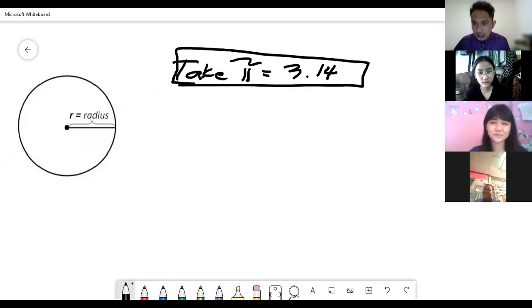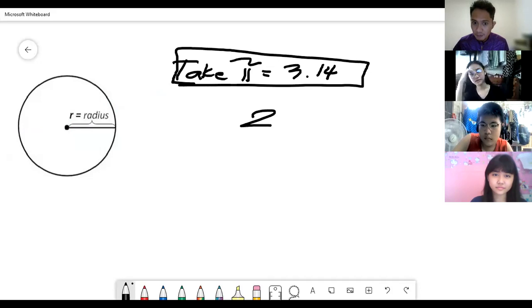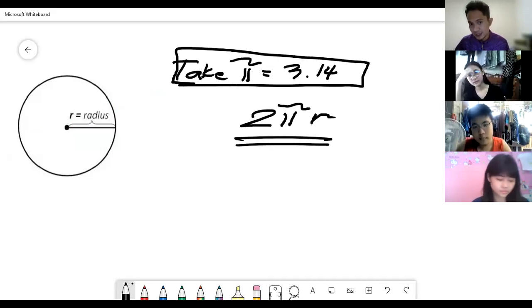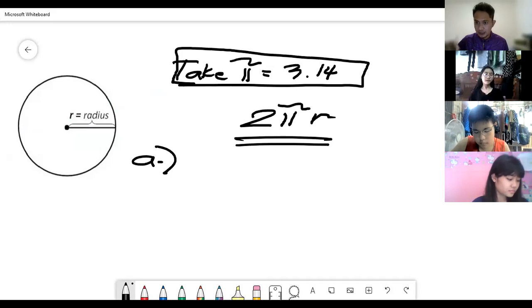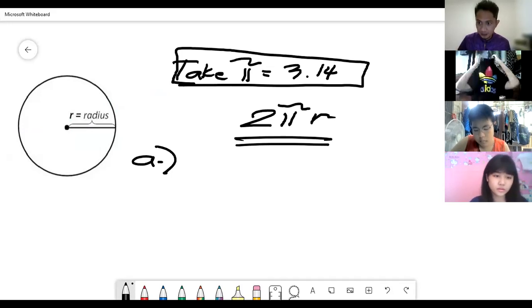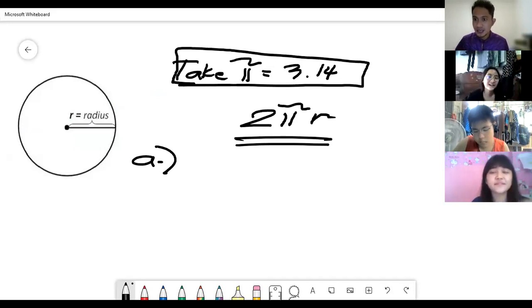The book tells you already. We will use 2 pi r for the circumference. Letter A is a radius. You need to read.